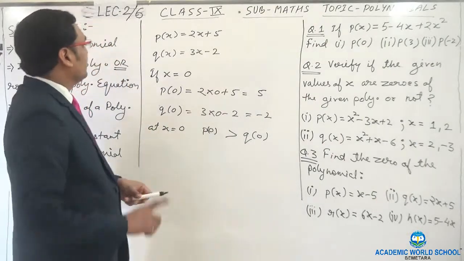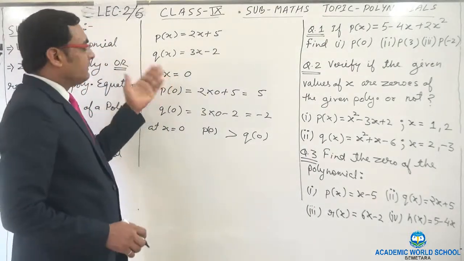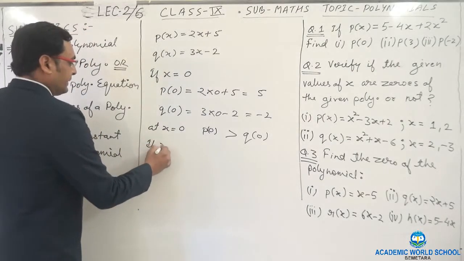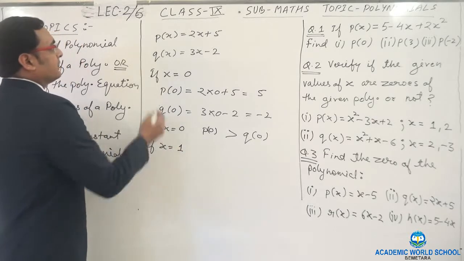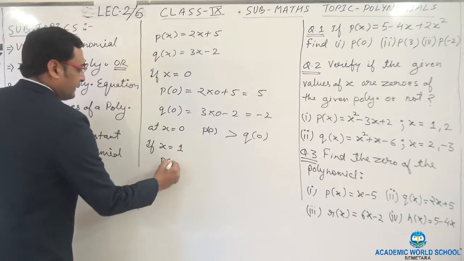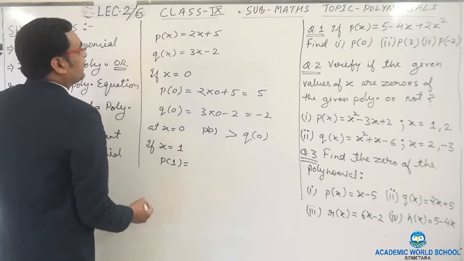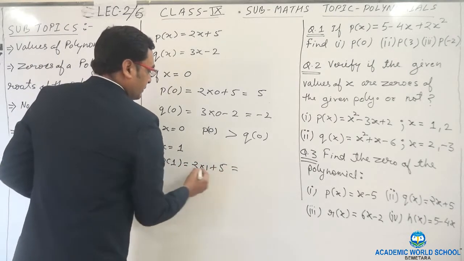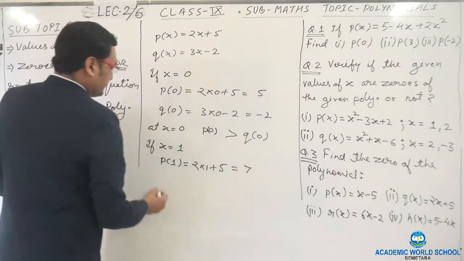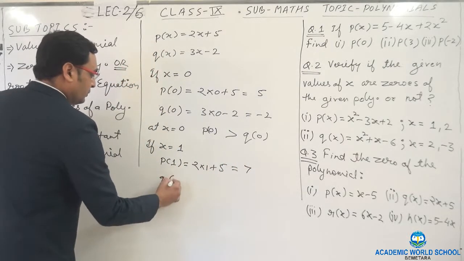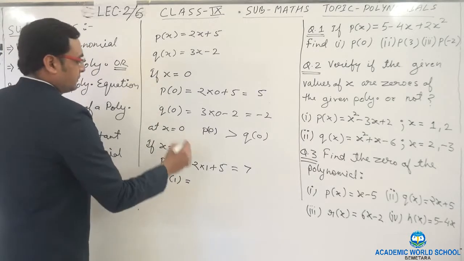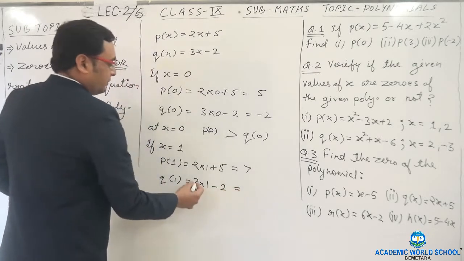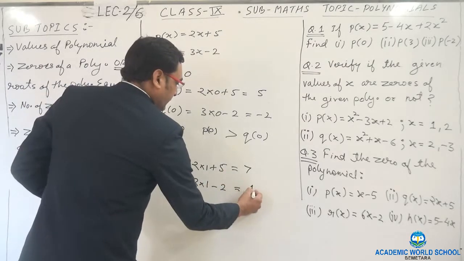Similarly, we can find the values for some other values of this variable x. Let x is equal to 1, then p(1) is equal to 2 into 1 plus 5 which is equal to 2 plus 5 that is 7, and q(1) is equal to 3 into 1 minus 2 which is equal to 3 minus 2 that is 1.